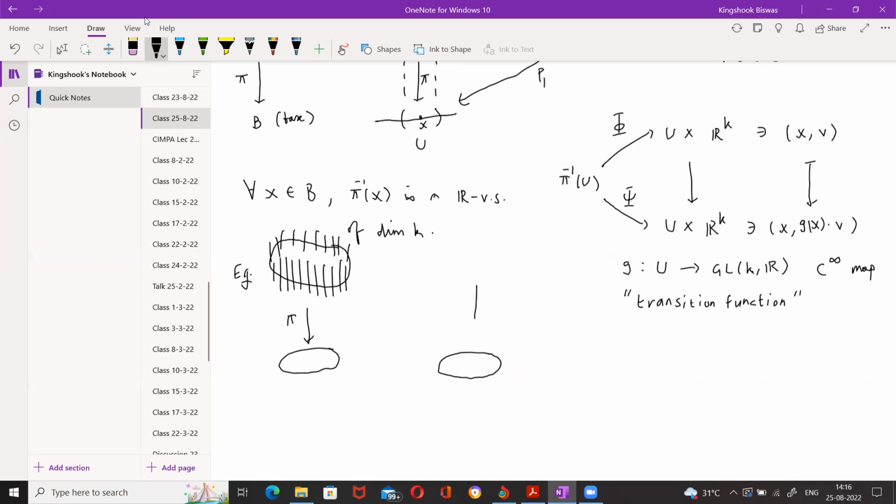So you take this line and you twist it around and then you glue it back, so you get the Mobius strip.